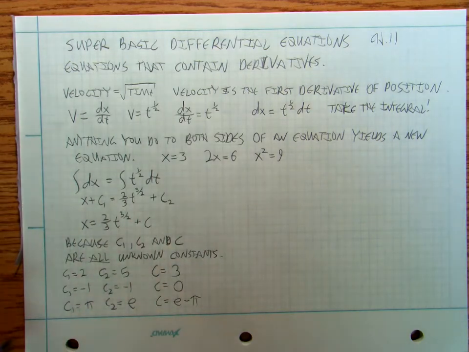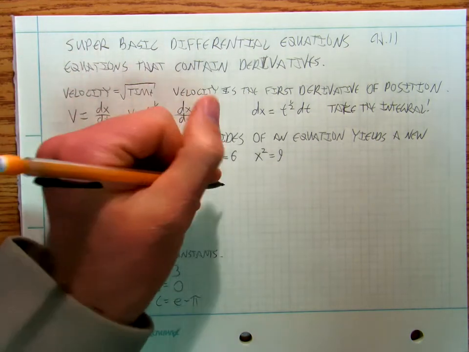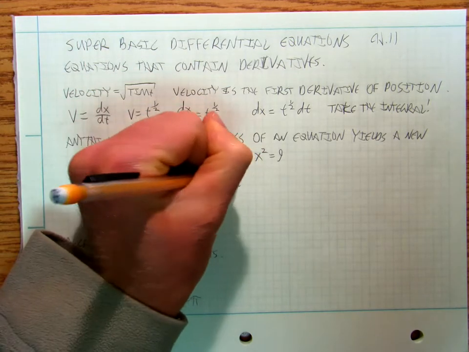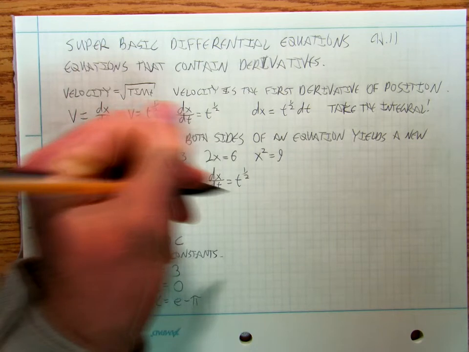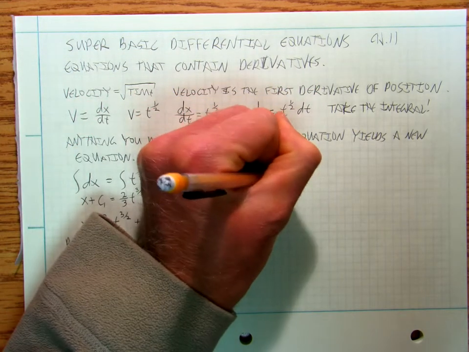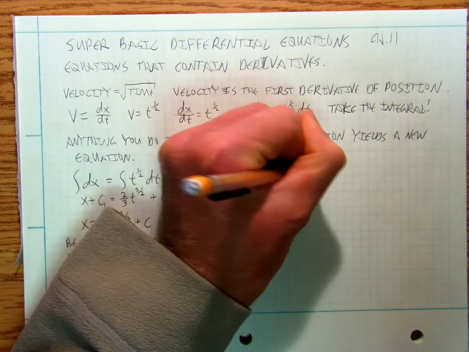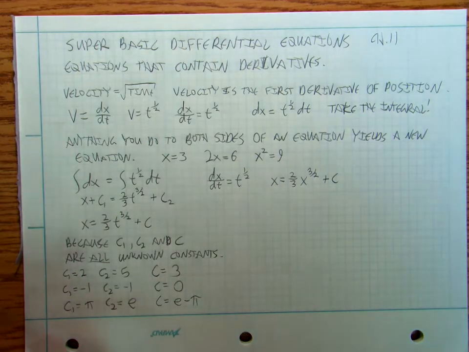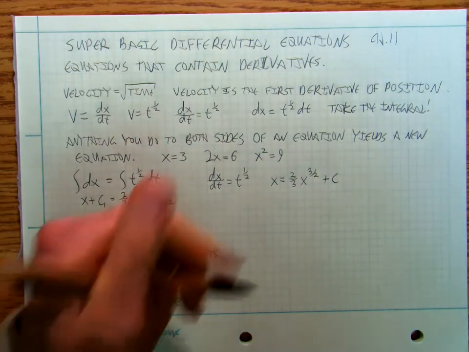So there's my formula: if dx/dt is equal to t to the 1/2, then x is equal to 2/3 t to the 3/2 plus c.